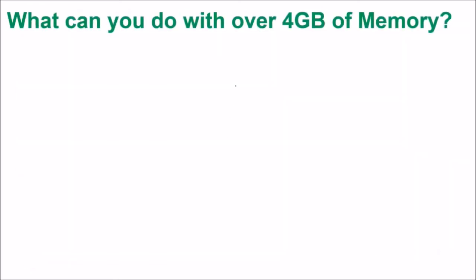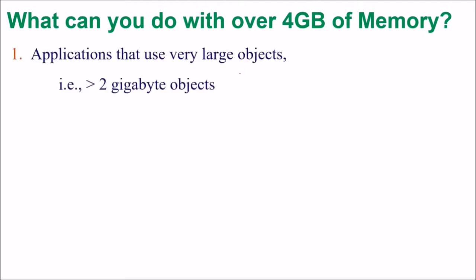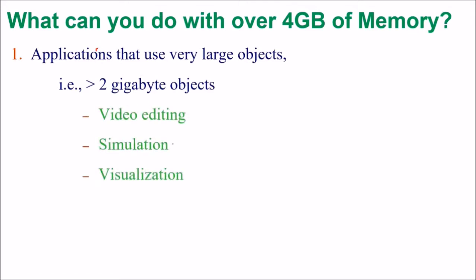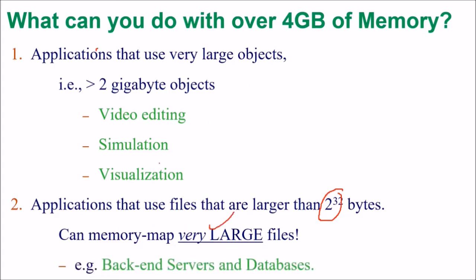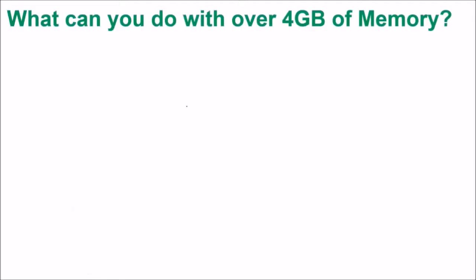This is huge. So what can you do with over 4 GB of memory? First of all, applications that use very large objects, more than 2 GB, like video editing, simulation, and visualization. Applications that use files larger than 2 to the power 32 bytes, where you can memory map very large files, like backend servers and databases.